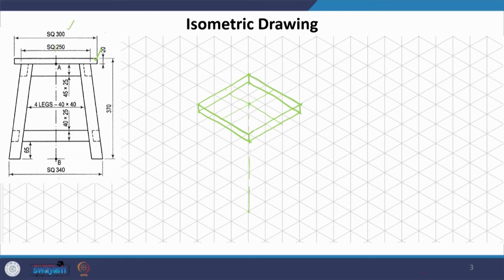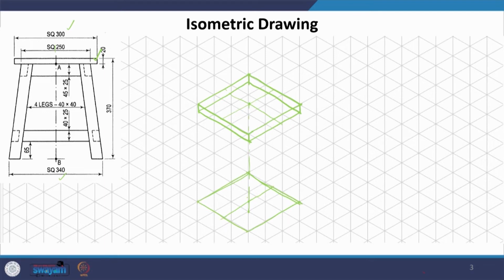I am just assuming here that this is the same 300 as it was in the top. So, taking it here, I would get an exact square as we have in the top. Okay. I am just assuming that the top square and the bottom one, where the legs of the stool are, are just the same.